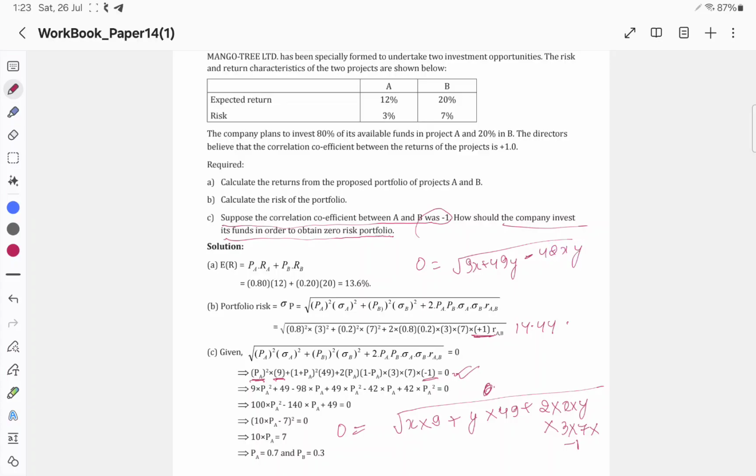Removing this root, 0 equals 9x plus 49y minus 42xy. So now I think you are aware of solving this equation. Solve this equation, the answer will come as 0.7 for a, and for b it will be the remaining weight. So we are done with this question as well.